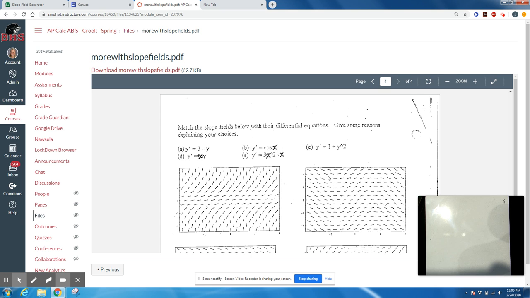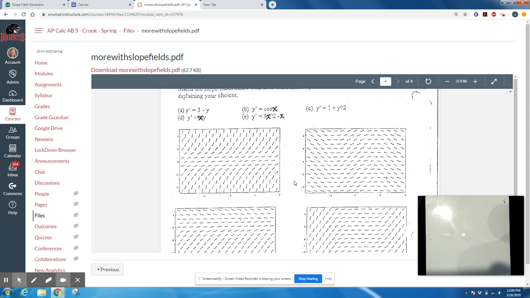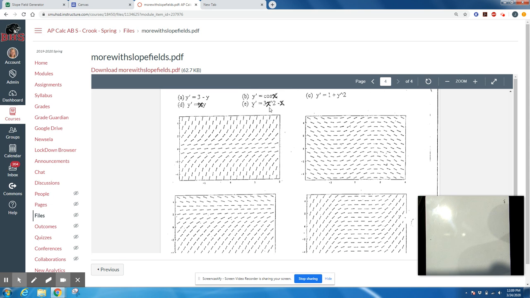So I would be tempted to match these two together. What's another one we could do real quick? This guy right here, 3x squared minus x. If that's the derivative, I know that the antiderivative is cubic. So I would be tempted to match it down here to this one.